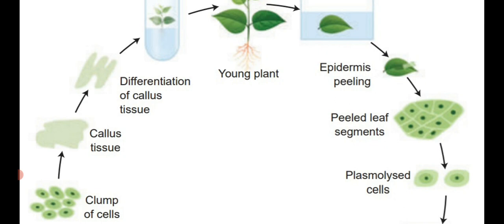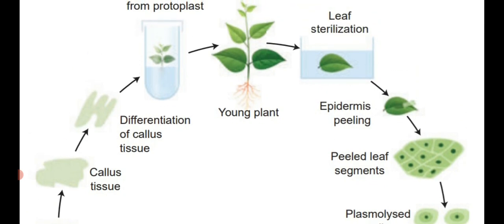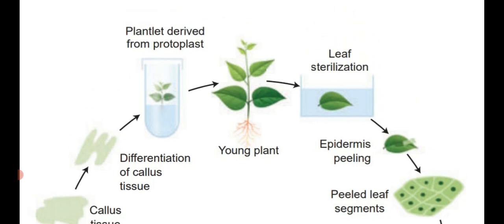Then the callus differentiates, that means producing meristematic cells. Then it is differentiated into a new plant with organs. So these plantlets are introduced into the hardening process. They produce the newly formed organism.